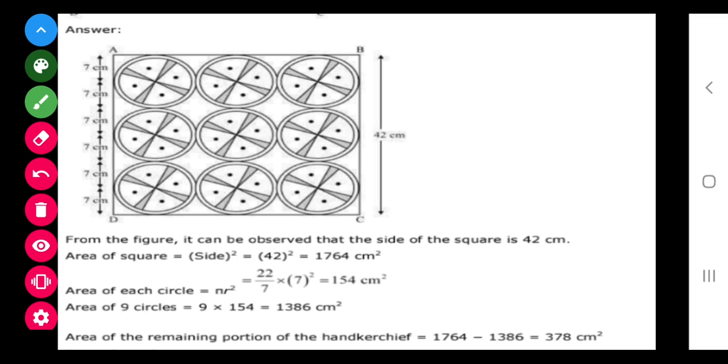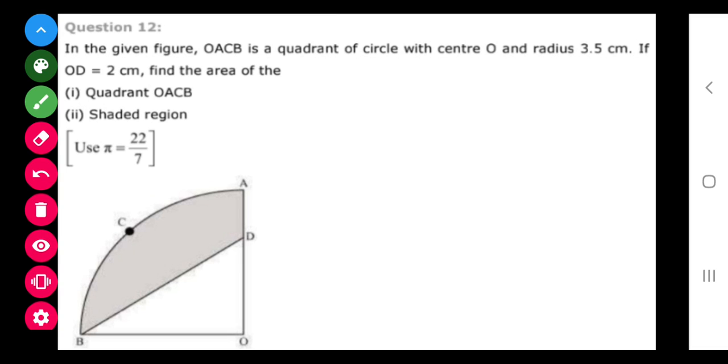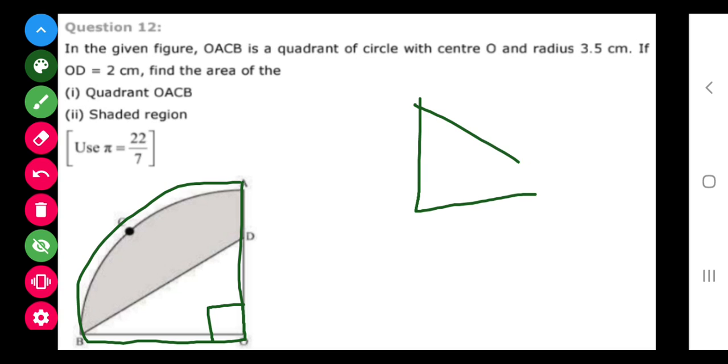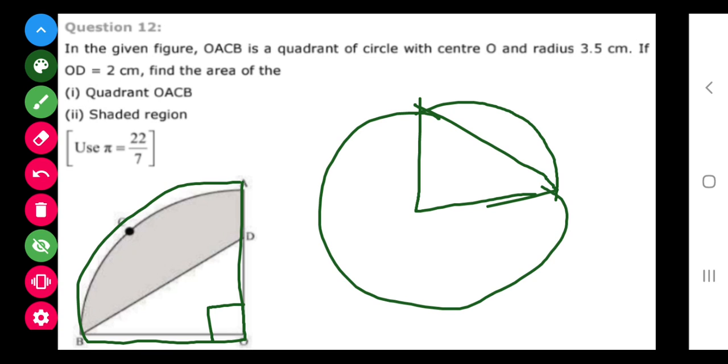Now see the next. Next question, it is given that this is a quad. Quad means this is 90 degrees. Again I am repeating, quad means one quarter of the circle. There are 4 parts, so this is one part.